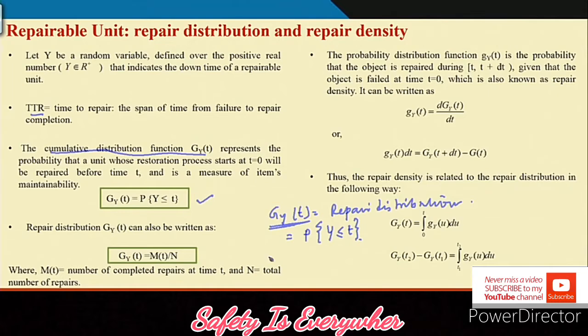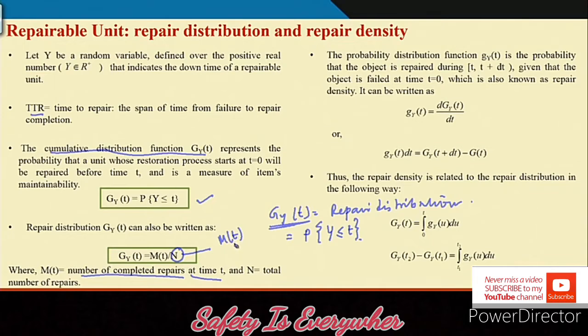Now, suppose at time t equal to 0, there are capital N identical components in failed state, and you start repairing them from t equal to 0, and then maybe after time t you found that M(t) is the number of components that completed repairs within time t. Okay.